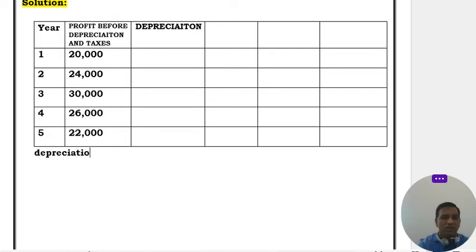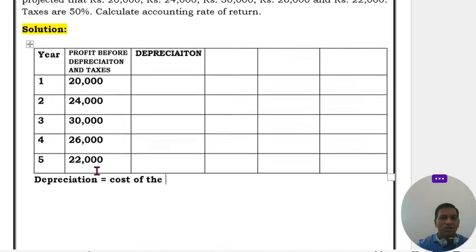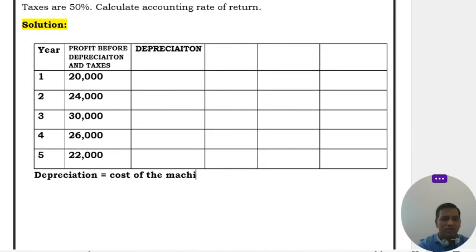Depreciation is equal to cost of the asset, cost of the project, or cost of the machine, whatever it may be, minus scrap value, divided by number of years.